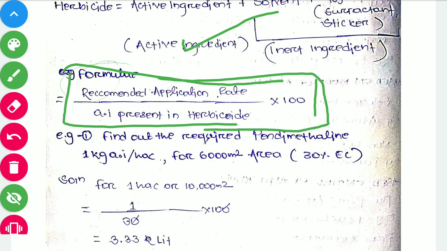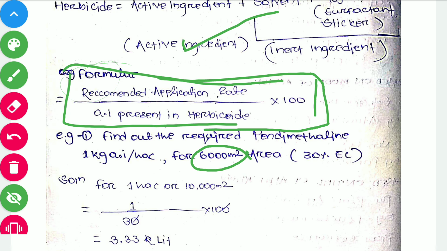So we can take an example: find out the required pendimethalin, 1 kg active ingredient per hectare, for 6,000 meter square area. So the dose is 1 kg active ingredient per hectare. That is, for 1 hectare of land, 1 kg of active ingredient of pendimethalin is required. But we require it for a 6,000 meter square area.